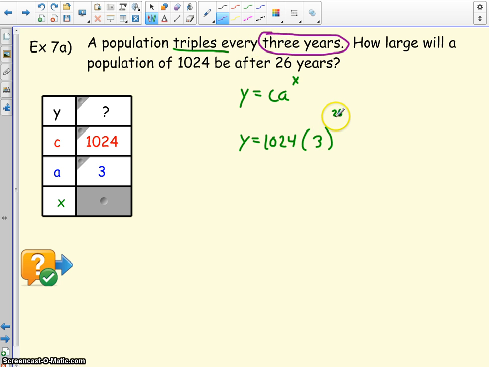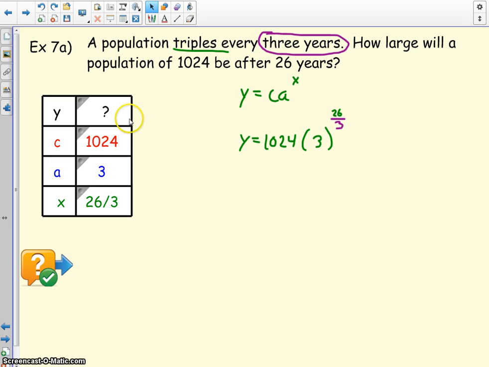So it's not tripling 26 times, it's actually tripling every 3 years, so the number of times it triples will be 26 years divided by 3, because it triples every 3 years. So our x value is going to be 26 over 3. Okay, so be very, very careful when it says it triples not every year, but every 3 years. Our time period needs to be divided by 3 because it's only tripling every 3 years over that time period.